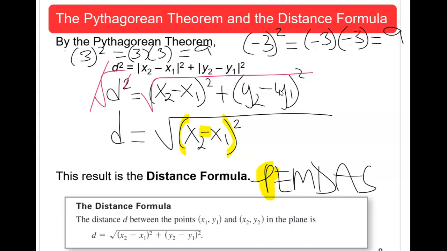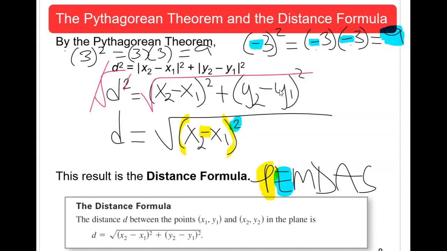Now, whether you get a positive or a negative result, once you square them, which will be the next step, the exponents, you have to make sure that your answer is always positive. Remember, we're talking about distance. And if you square a negative number, you're still going to get a positive result.